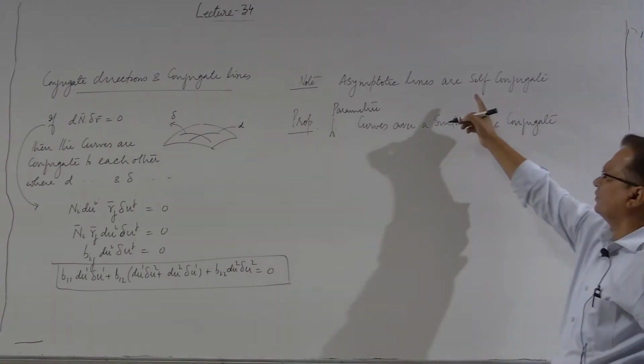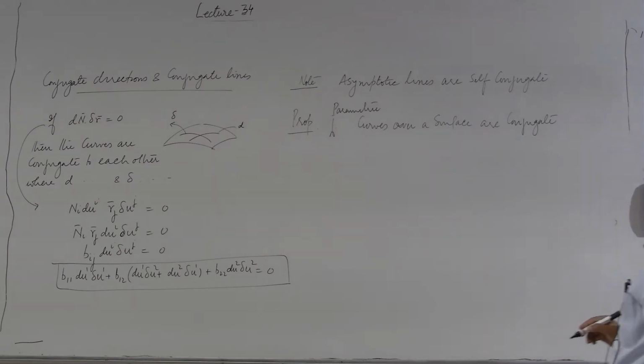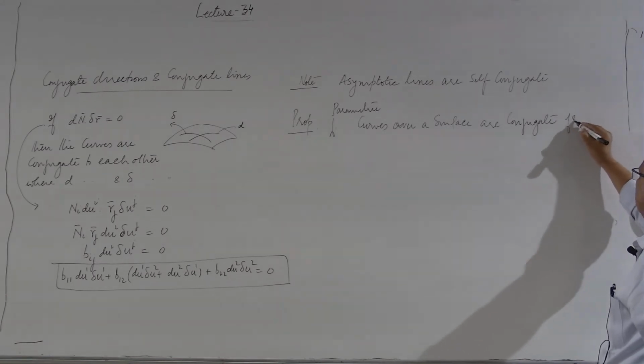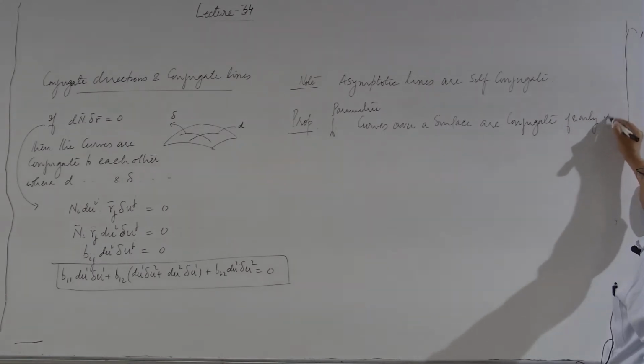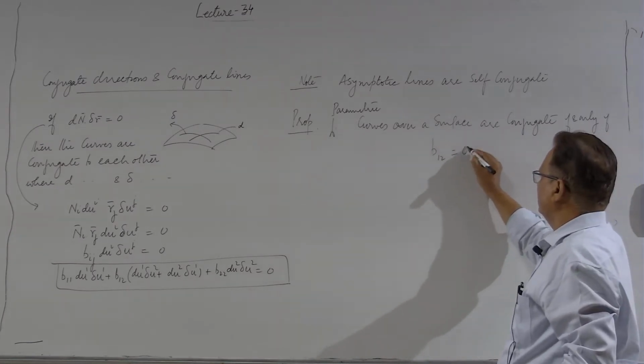That is understood from the note I have written earlier. Parametric curves over a surface are conjugate if and only if this b12 is 0.